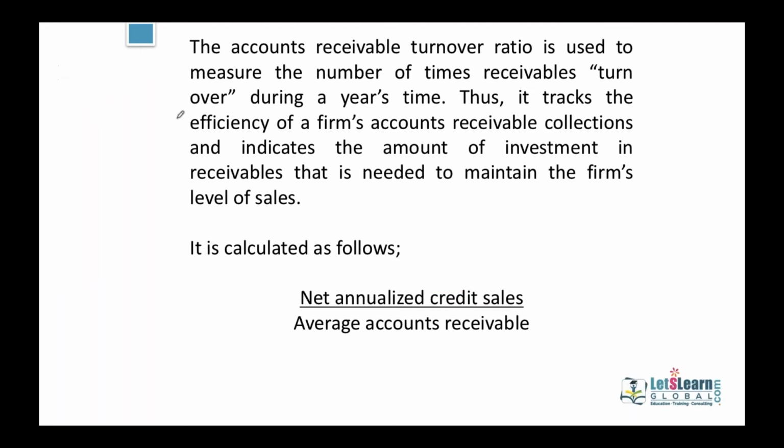Now let me give an example here. Annualized credit sales that we find from the income statement, say 5 million. As I told you last time, any income statement item is expressed against a balance sheet item, and balance sheet items are to be averaged.